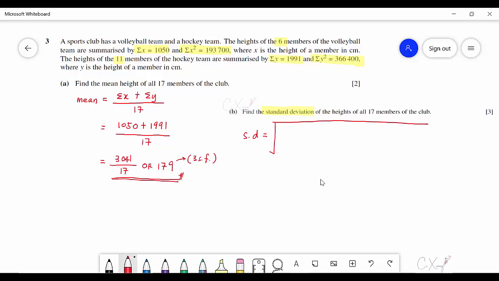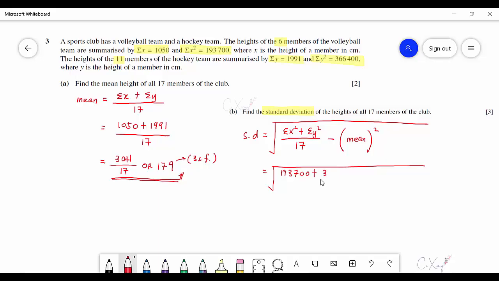Generally the formula is the summation of x squared and also the summation of y squared, meaning the data squared for both teams, then divided by 17 minus the mean for all the 17 members, and then you square it. All right, then of course, to get the standard deviation, you need to take the square root. Okay, so the summation of x squared and summation of y squared are already given in the question. So you just put the values in.